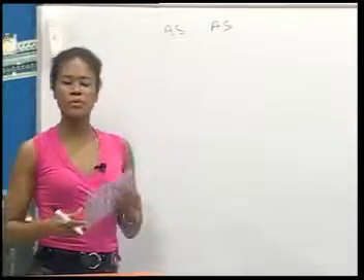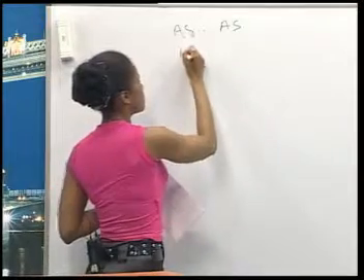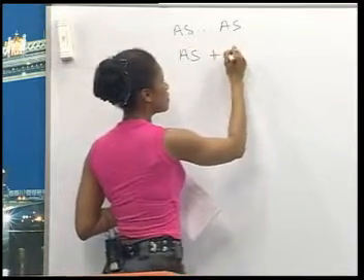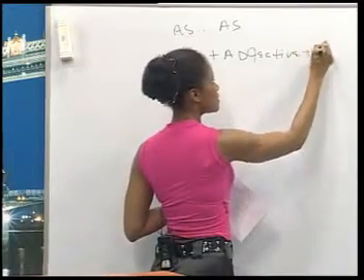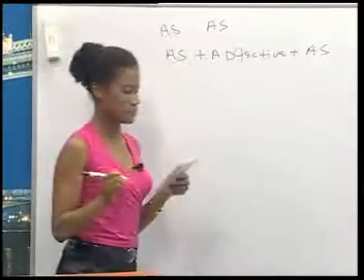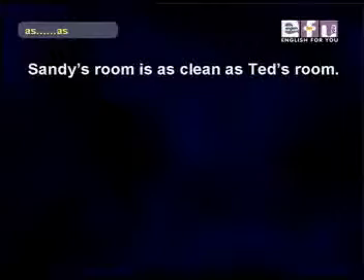And we are first going to look at as with adjectives. So as plus adjective plus as. Let's look at some examples. Sandy's room is as clean as Ted's room.